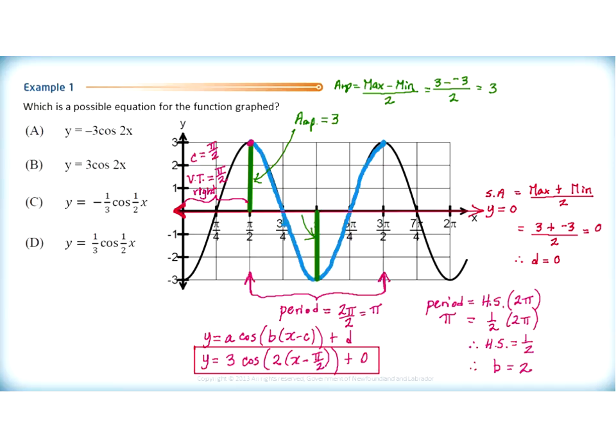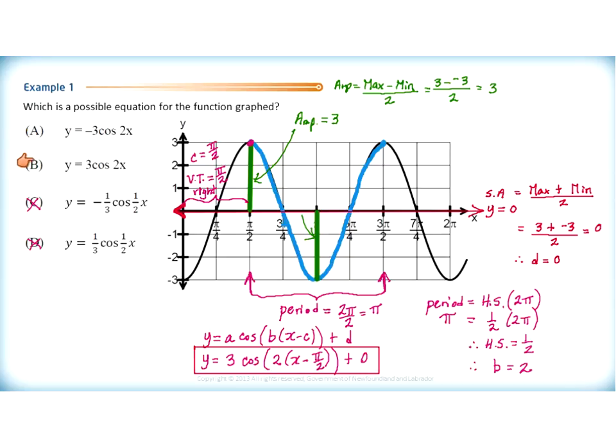So when you look at the multiple choice possibilities, the fact that the value of b here is equal to 2 eliminates parts C and D as multiple choice answers, because in these cases the horizontal stretch is equal to a positive 2, and our horizontal stretch is a half.